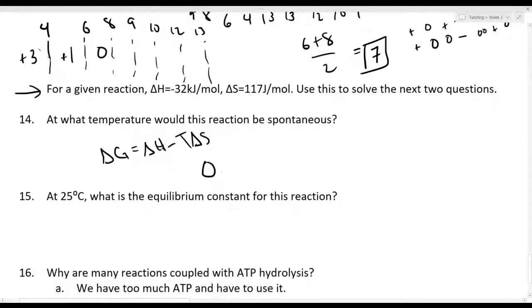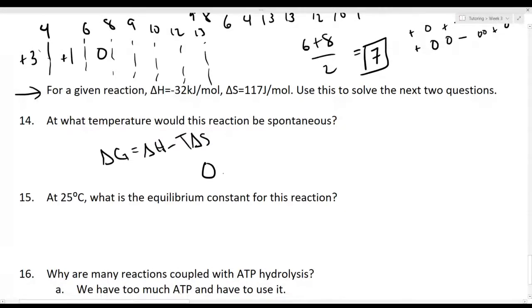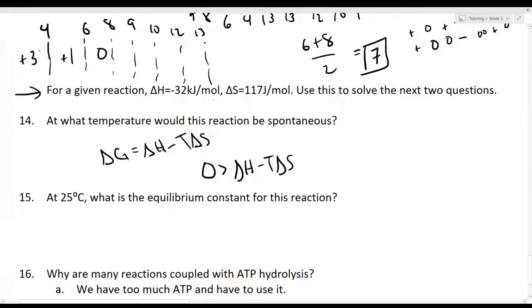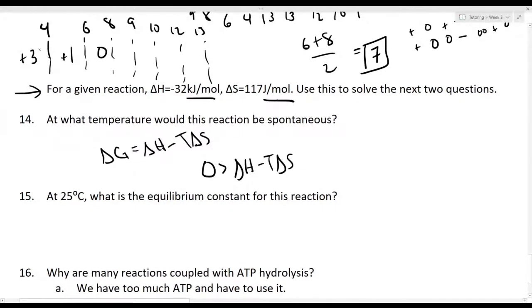So I'm going to go ahead and set that up. We want this to be less than 0: delta H minus T delta S. Okay, and I'm going to go ahead and plug this in. One of the things I mentioned, I believe 2 weeks ago when we first talked about this, and want to remind you, is the standard units used.